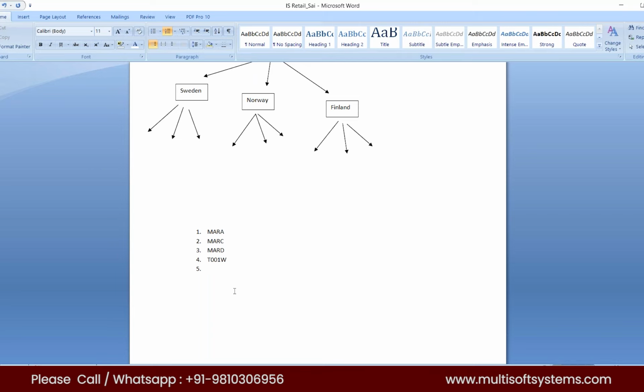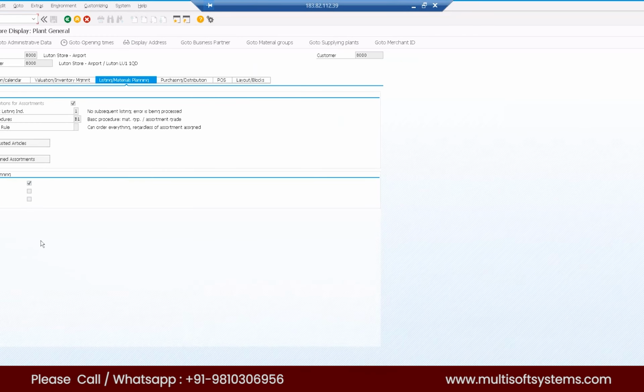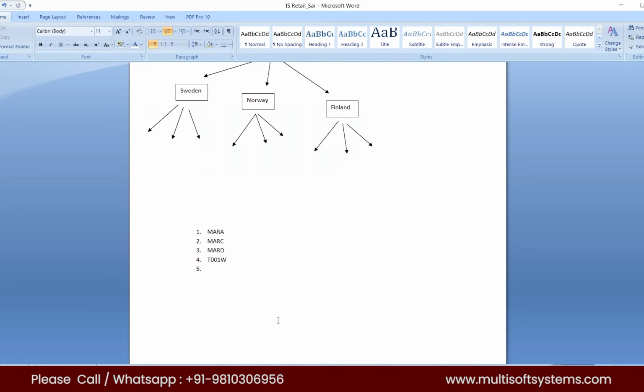For now, we will just see through this. These are the important tables. As and when we look through the concepts, we will also look through the tables. And LFA1, LFB1, and LFM1 are for the vendor master data, and KNA1. The reason I am writing these is that we also see plant in these tables.